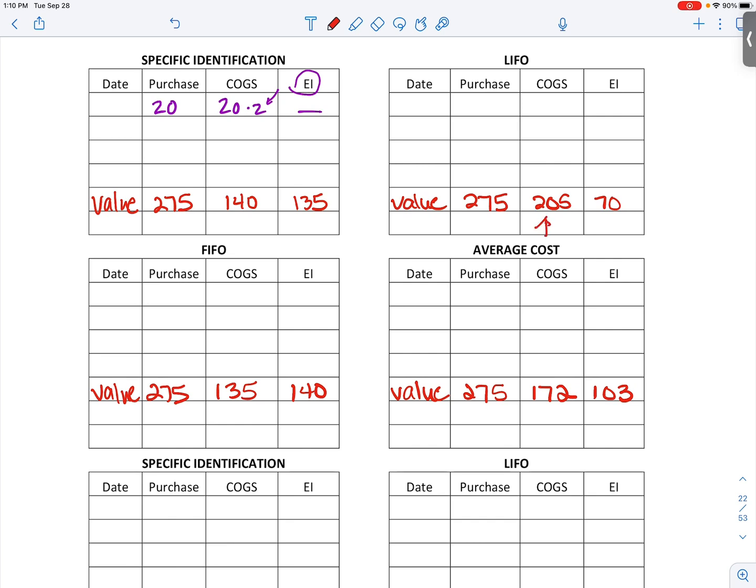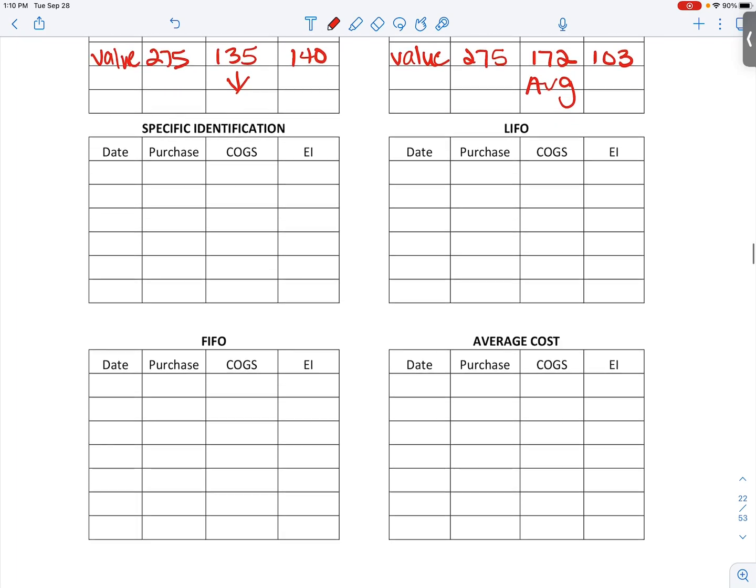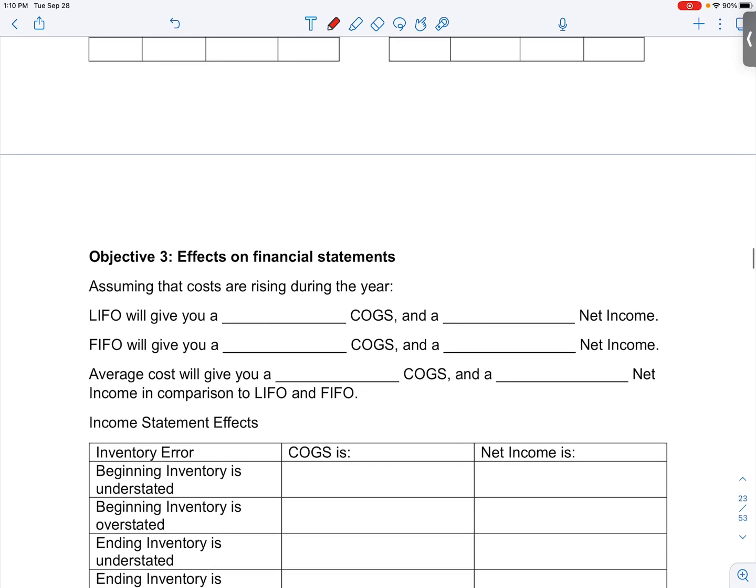LIFO is giving me that high cost of goods sold. FIFO is giving me the low. This is giving me the average. So again, try this. If you can't get it, then just send me a quick email. I'll help you through that.